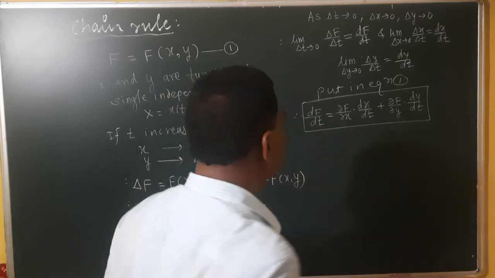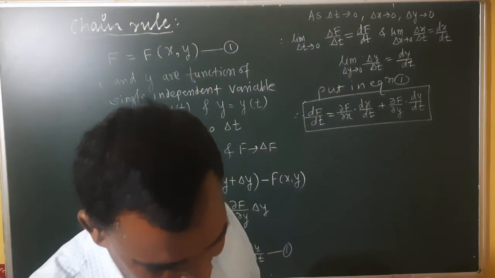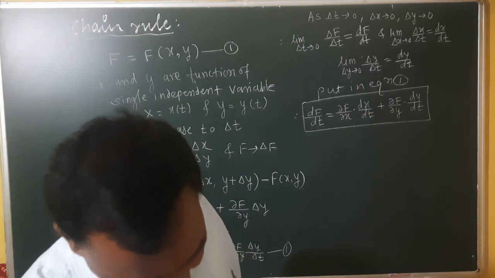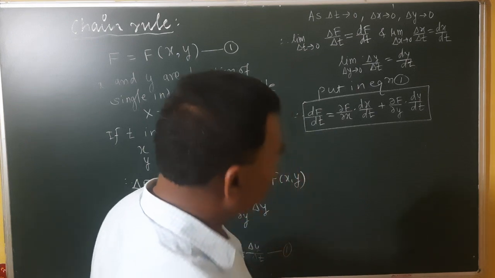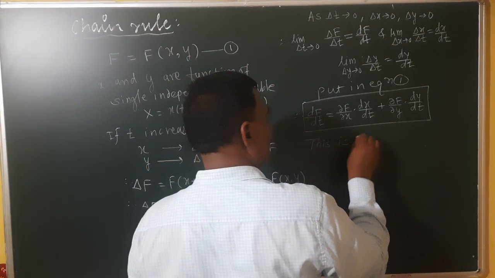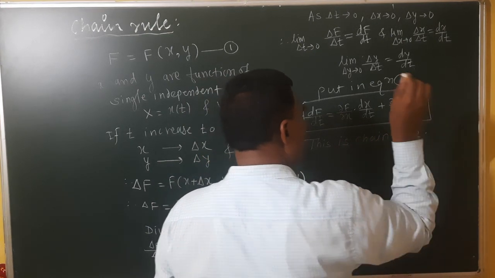So df by dt is equal to dou f by dou x into dx by dt plus dou f by dou y into dy by dt. This is the chain rule.